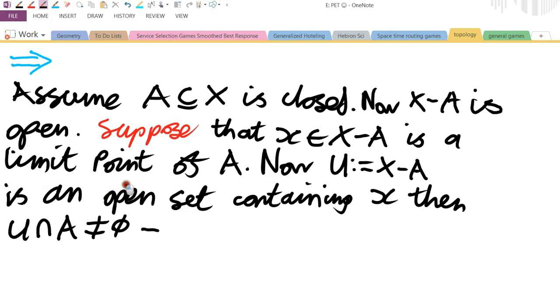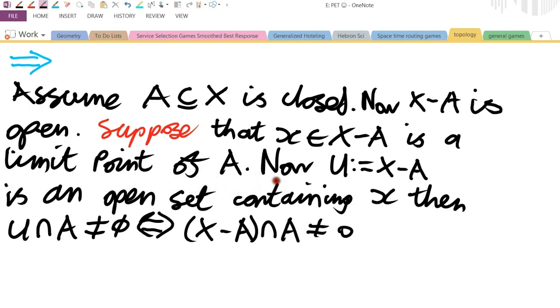The problem is that this statement here, U intersection A is non-empty, is precisely the same as saying that X take away the complement of A, intersected with A, is non-empty, which is ridiculous. So that's a contradiction.